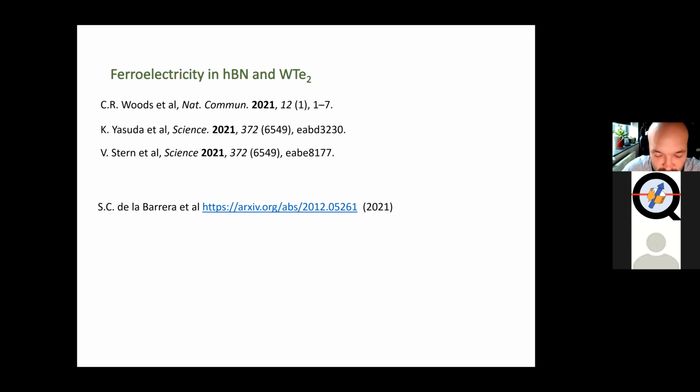So switching of the domains is performed by sliding these materials. If you want to switch from MX to XM, you can slide the crystal slightly along the plane, and that would click into the other configuration with opposite electrical dipole.